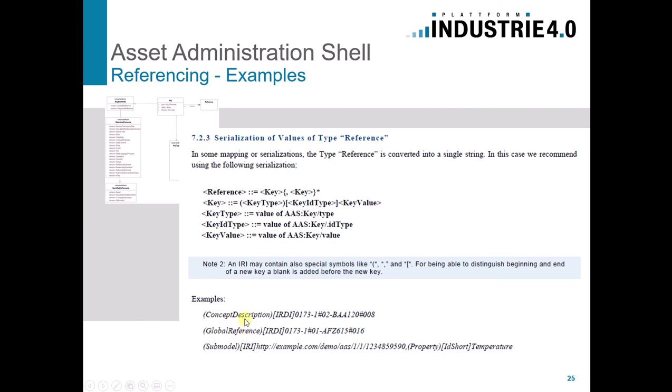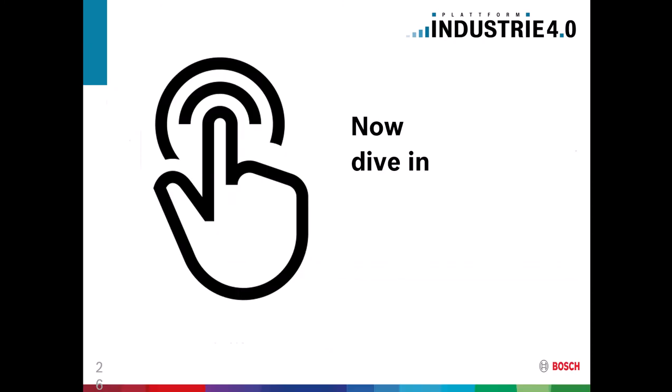So concept description means that it's part of the asset administration shell according to the meta model of the asset administration shell, whereas global reference means it's something outside and you are not copying it into the asset administration shell instance. And here you see a property reference via ID short, the temperature that is part of the submodel with this IRI with URL. So this is how it's done in practice.